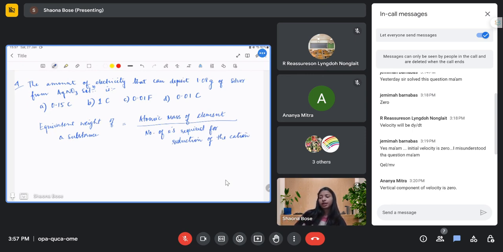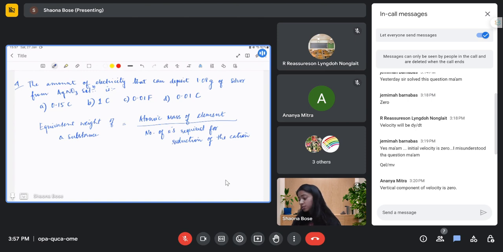So you see, only the electrons which are free, that means the valence electrons in the outermost shell, which can leave the atom, only they can take part in the chemical reactions, right? So that is why we take the valency of the element and not the atomic number, because the others are tightly bound to the core of the element. Okay, so this is just a concept in case it wasn't clear to you.